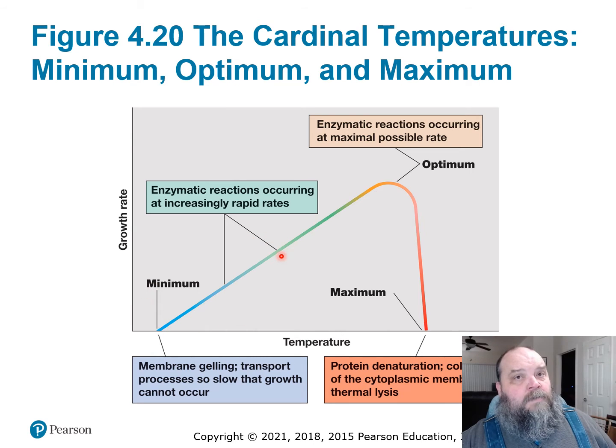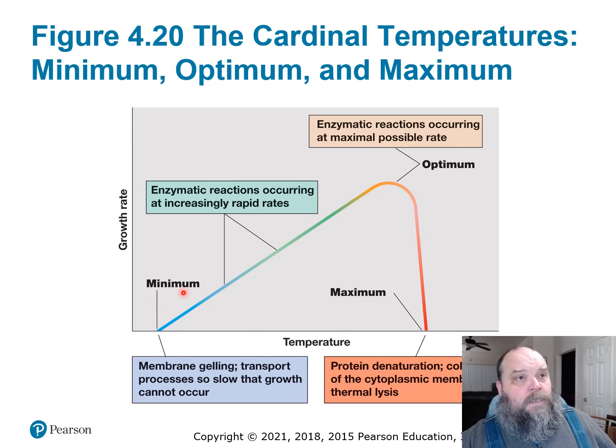Okay, well then let's talk the fluid mosaic of that cell's phospholipid bilayers, cytoplasmic membrane or the outer membrane. Too hot, too fluid. Things leak in, things leak out too easily.